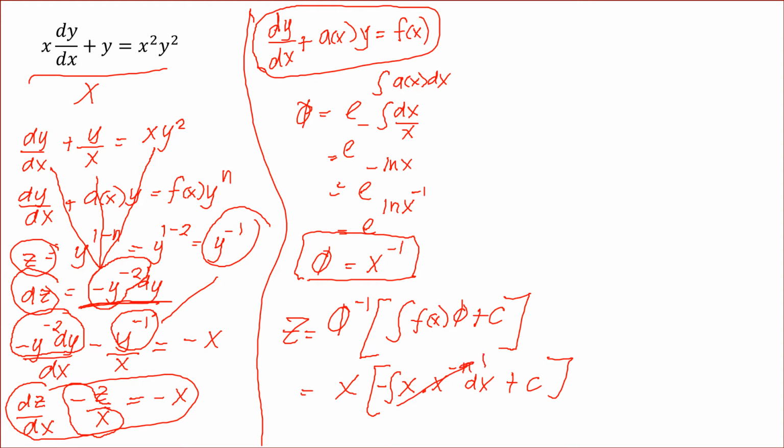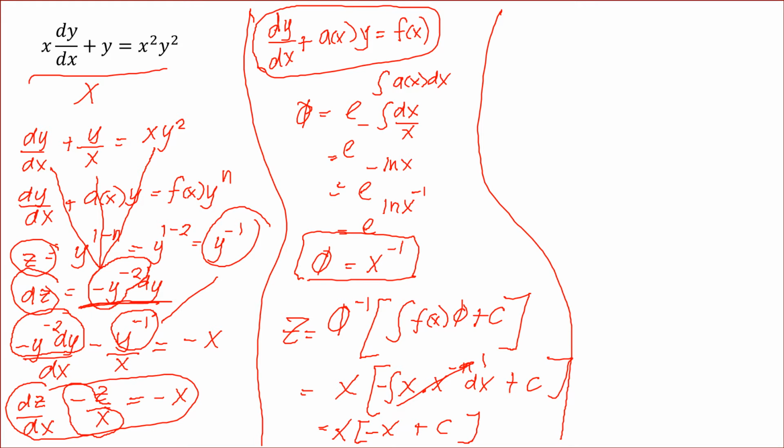This becomes 1. Take note, x times the integral of negative dx is negative x plus c. You simplify this one.